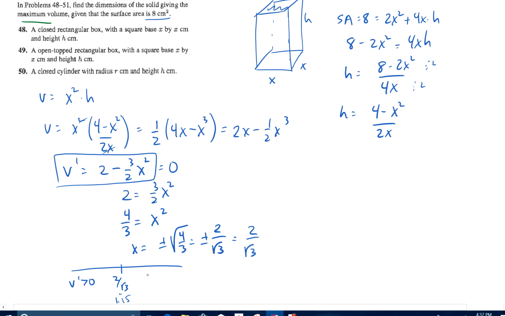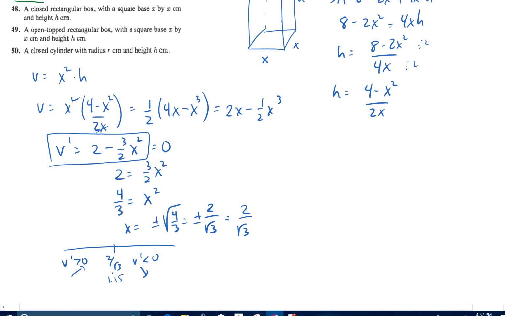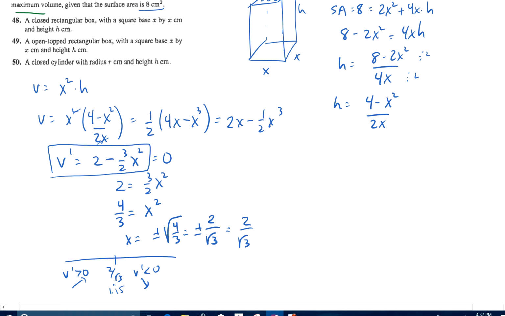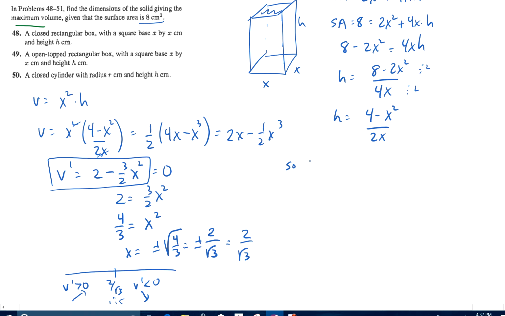A number bigger than it, like 2: 2 squared is 4, 3 times 4 is 12, halved is 6, so negative. So it's increasing, then decreasing. That tells me x equals 2 over the square root of 3 is a maximum.